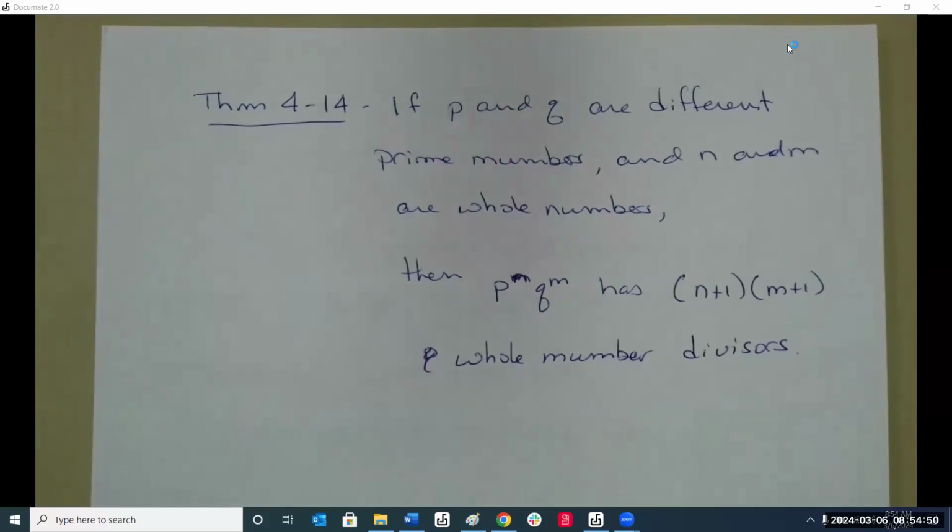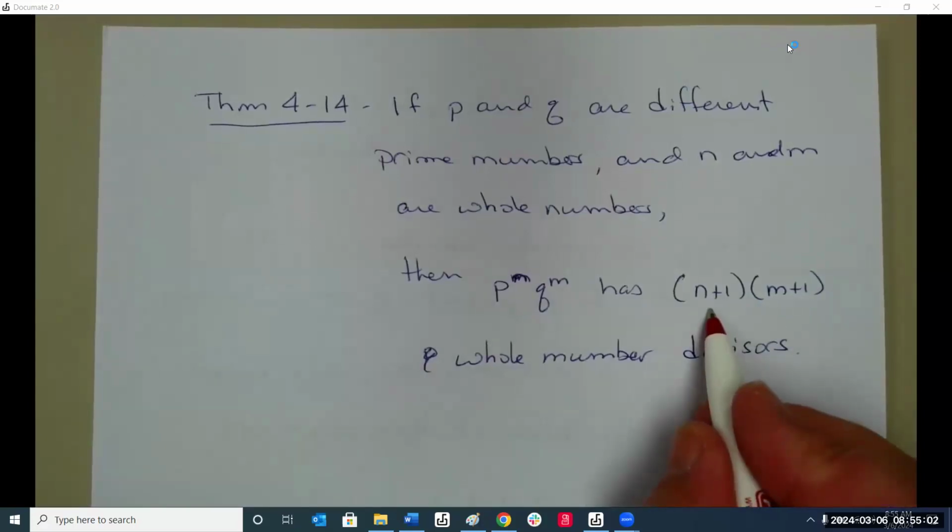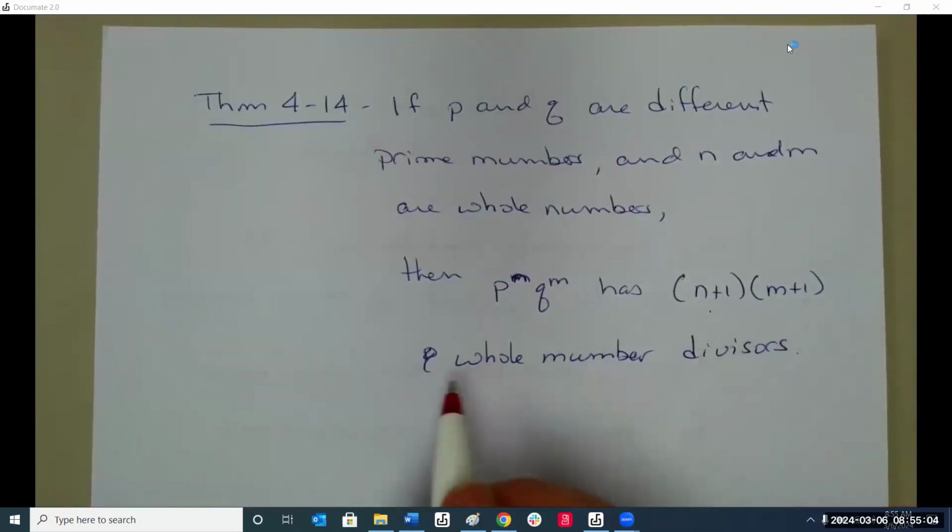What does that mean? P and Q are different prime numbers, and N and M are whole numbers. Then P to the power N times Q to the power M has N plus 1 times M plus 1 whole number divisors.